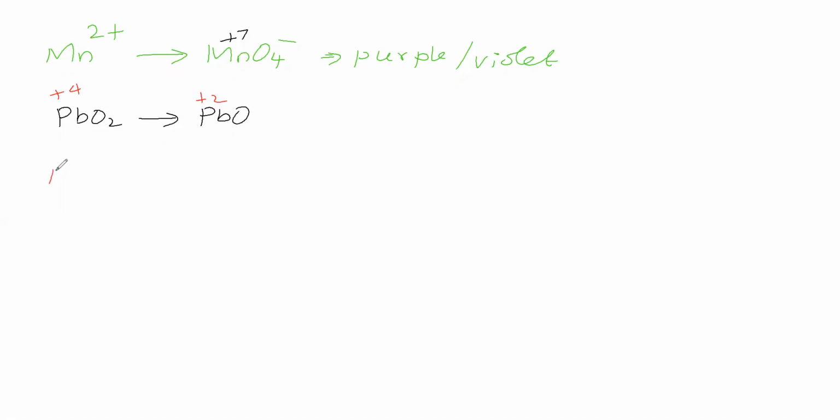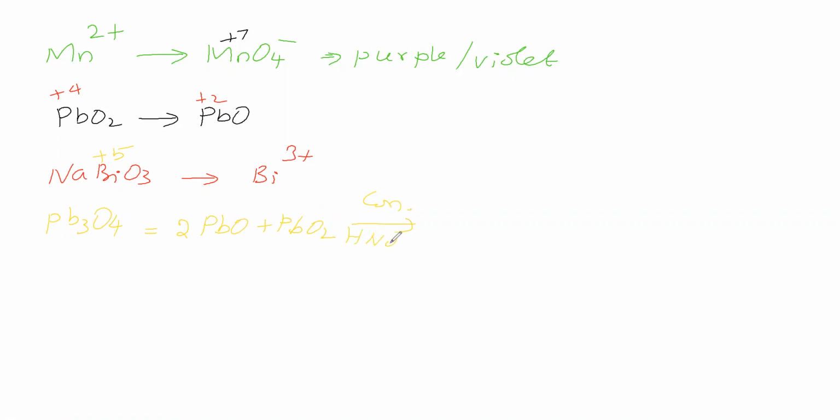Another reagent we added, NaBiO3. This NaBiO3 becomes Bi3+ solution. Here the oxidation number of bismuth is +5. Then we added Pb3O4, which contains PbO and PbO2. Before adding Pb3O4, we added conc. nitric acid.